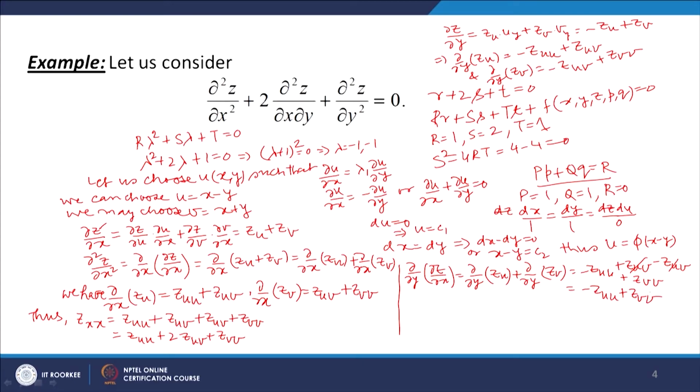We still have to find this term. We have got the derivative of z with respect to y. We can now find the second derivative of z with respect to y. So delta square over delta y square z is equal to this. And z_y is equal to minus z_u plus z_v.